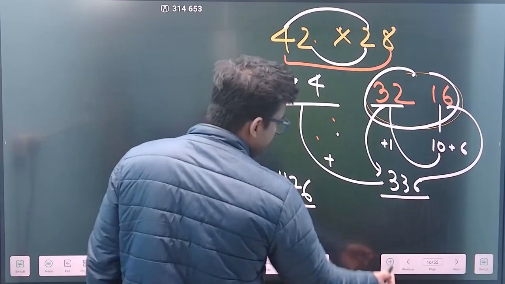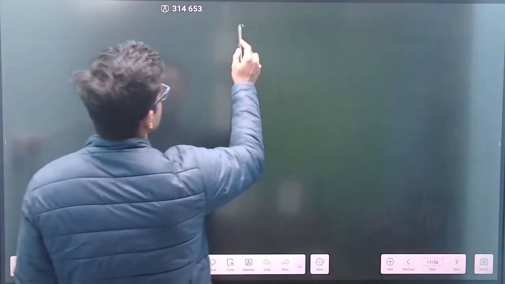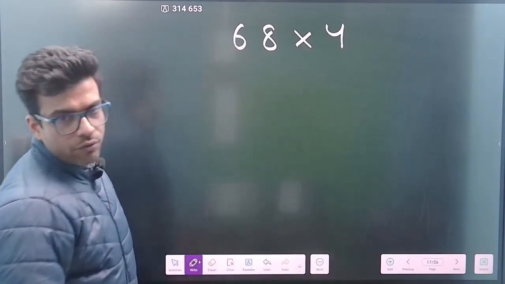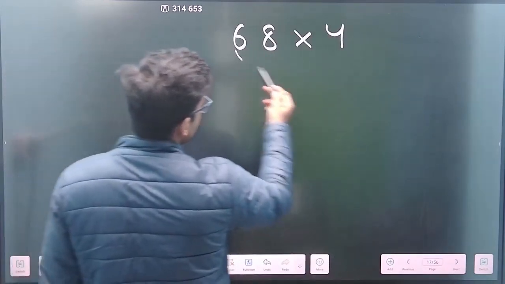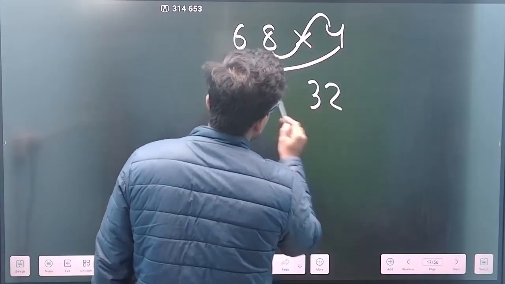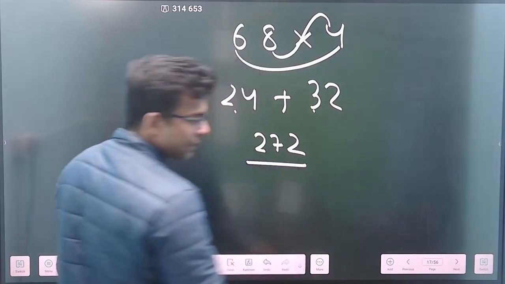Let's take one more example. I'll give you like 50 questions. 68 into 4. Can you solve this? 68 into 4. 6 4s are 24. This is 32. Now this 24 plus 3 is 27. 272. Easy.